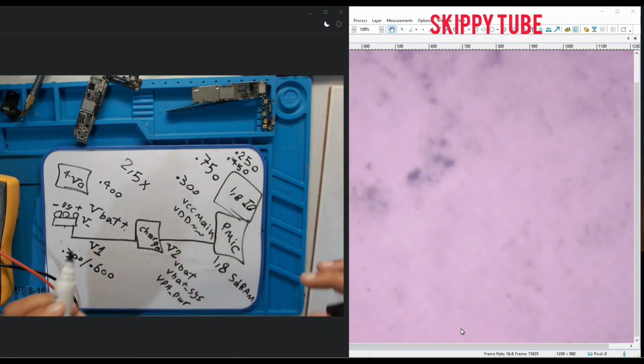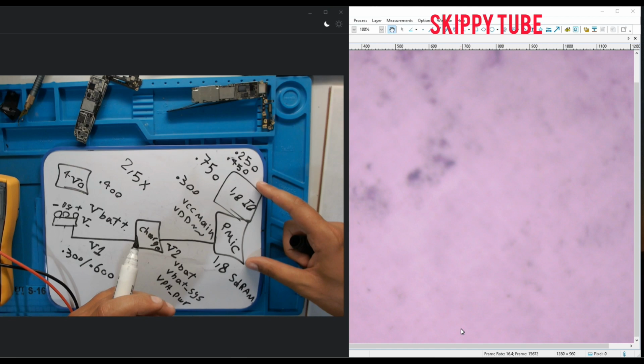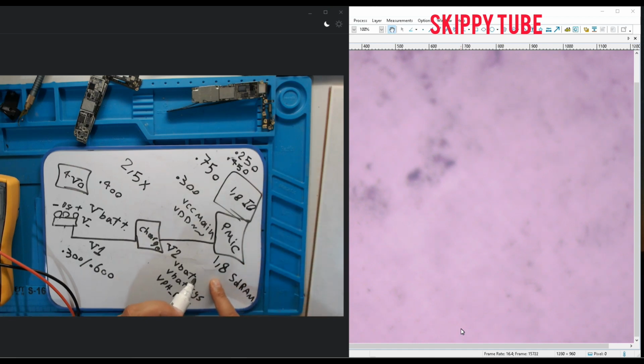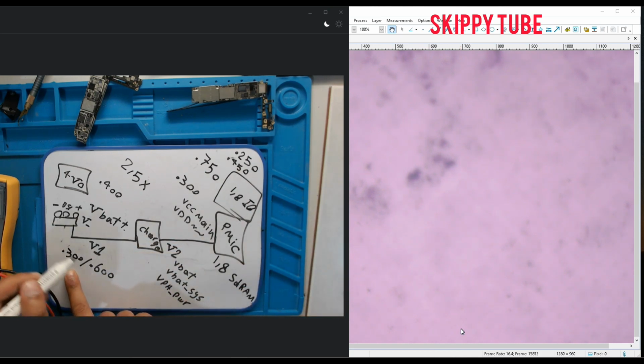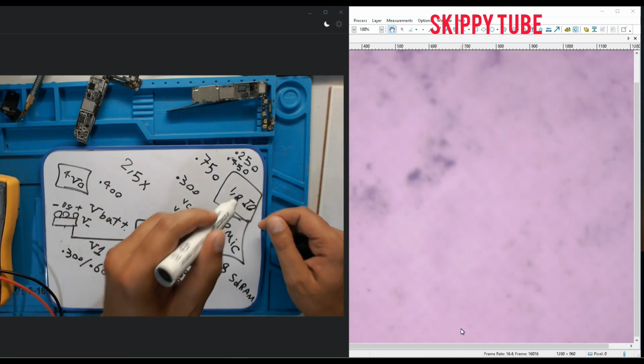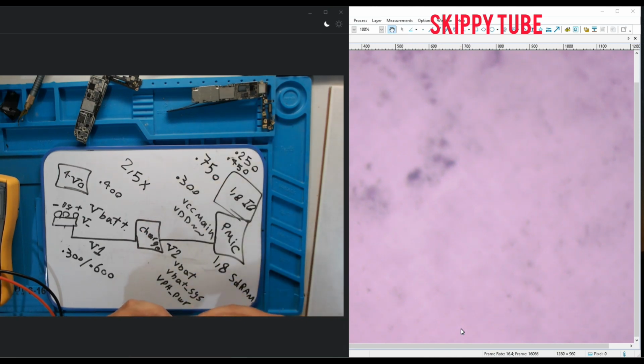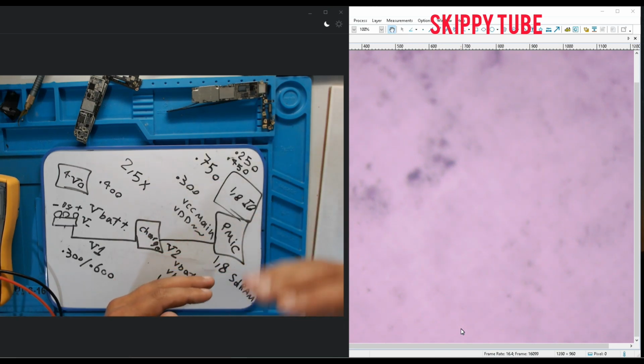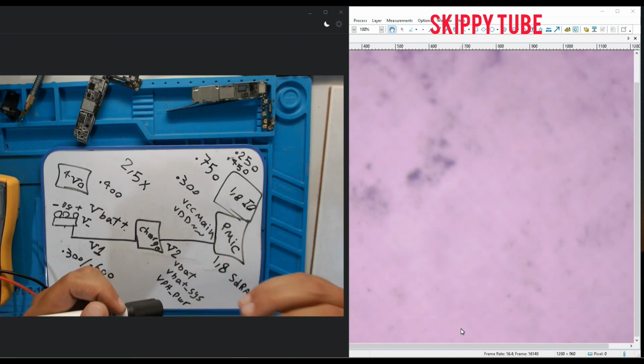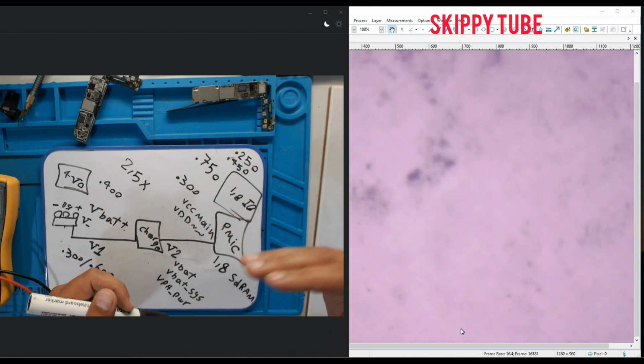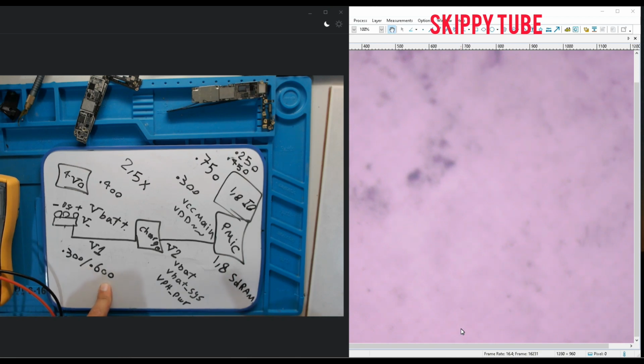Now I want to tell you how to compare these two diode values, 1.8 SDRAM and 1.8 IO. I told you the diode value on voltage 1 and voltage 2 is between 0.300 and 0.600. When you check this direction by Skippy test, it needs to show more than 0.600.